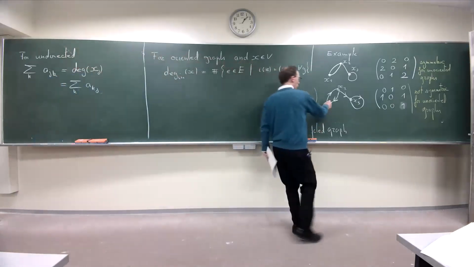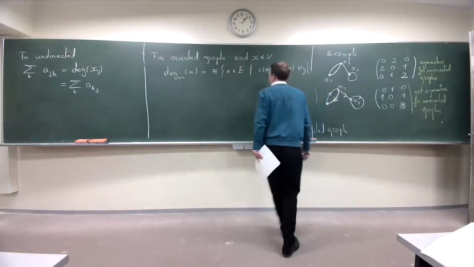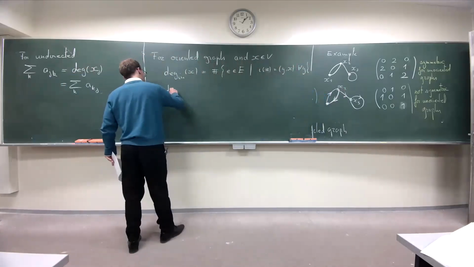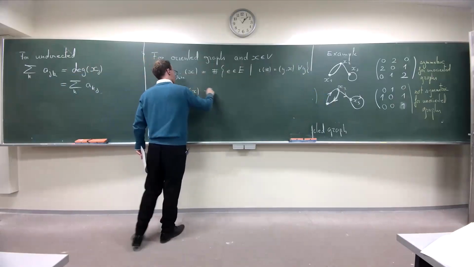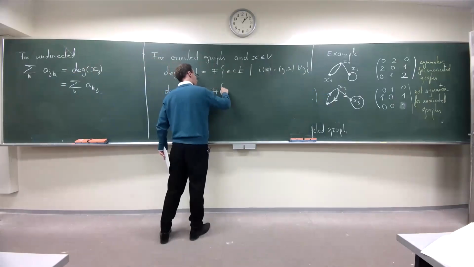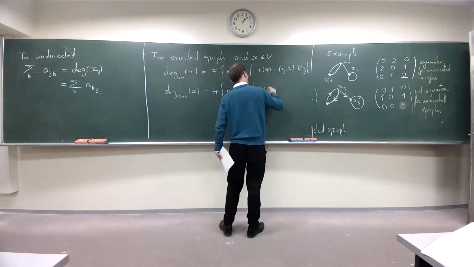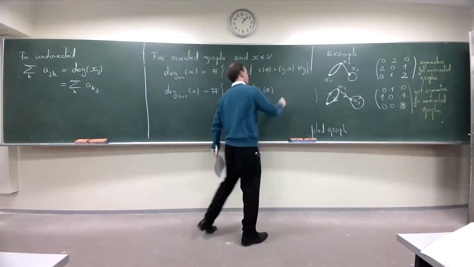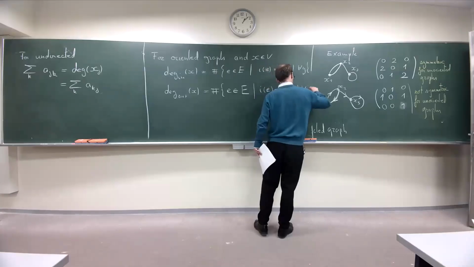So this one would count as an in degree for this point. And of course, you have the deg out, or the out degree. Again, you count the number of edges such that I of E is (x, y) for any y.